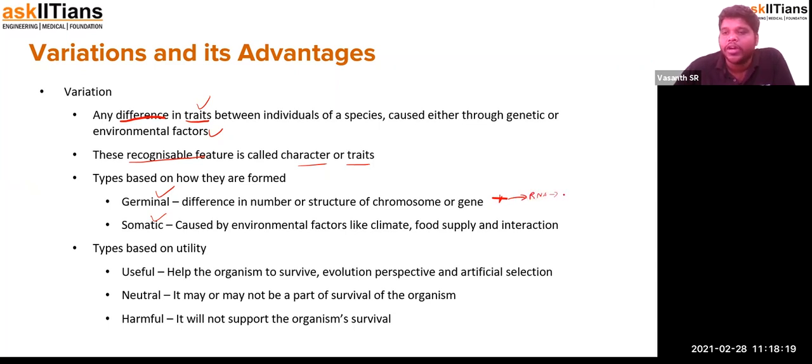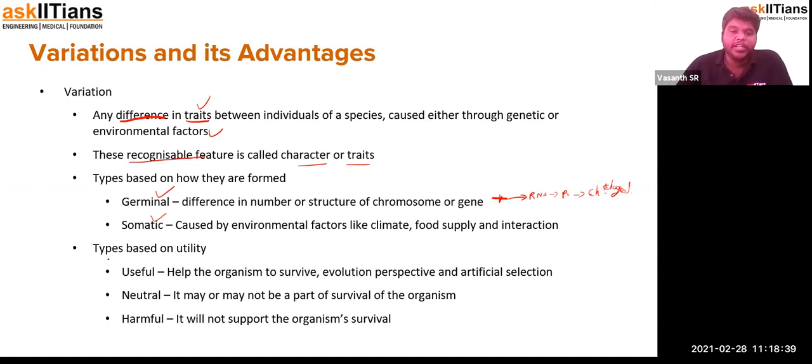When the RNA changes, the protein formed will also change. When the protein changes, the characteristics expressed will change. This happens in the basic material itself, which we call the gene.